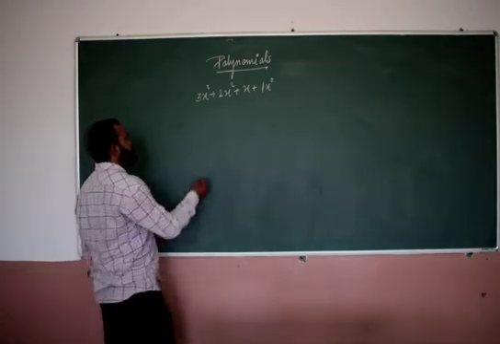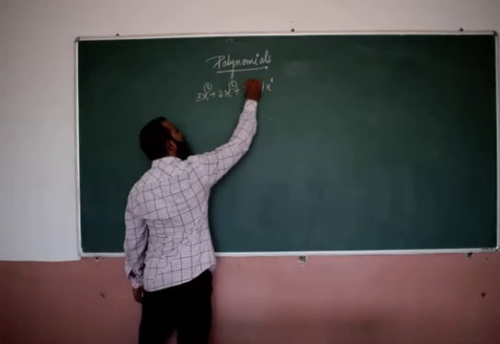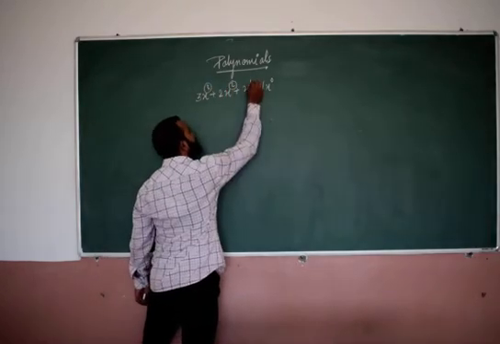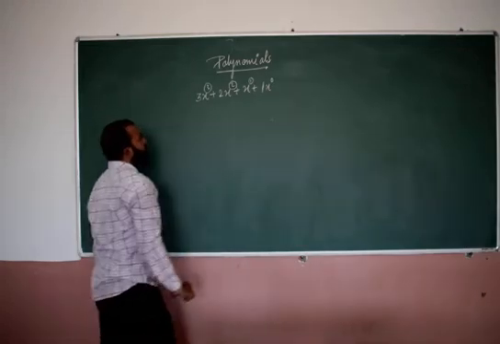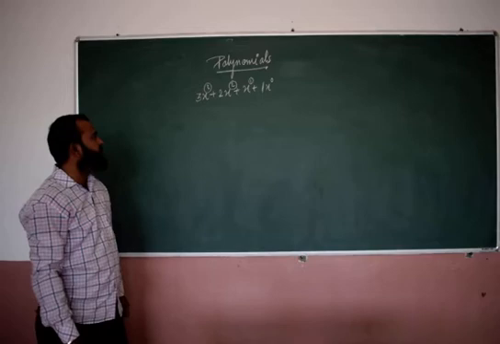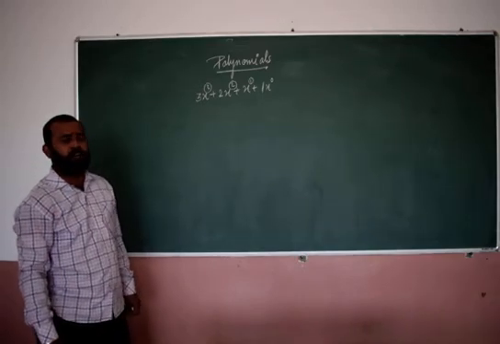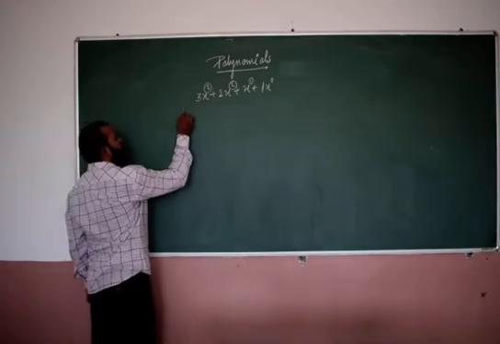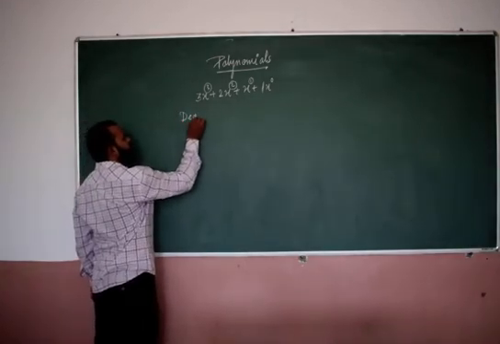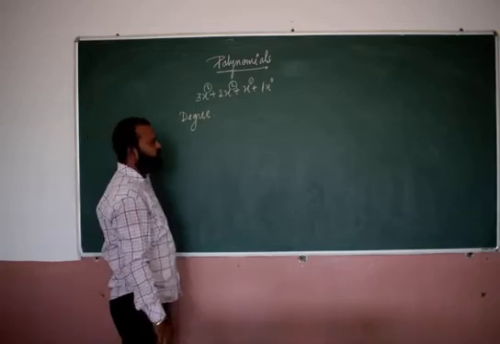After that, the highest power, here there is 1, the highest power of the variable in the term is called the degree of the polynomial. What is the degree of the polynomial?